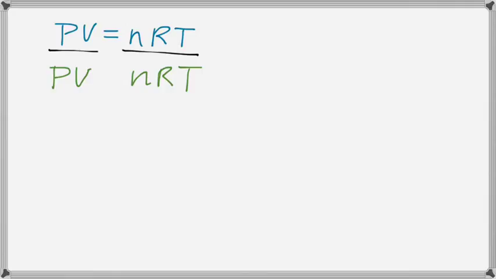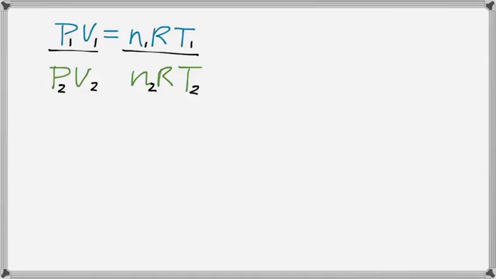Well, colors are great on PowerPoint, but they don't work so great writing on paper. So let's give these some subscripts. I'm going to call this 1, blue is going to be 1, and green is going to be 2. I'm not going to put numbers on R because R doesn't change.